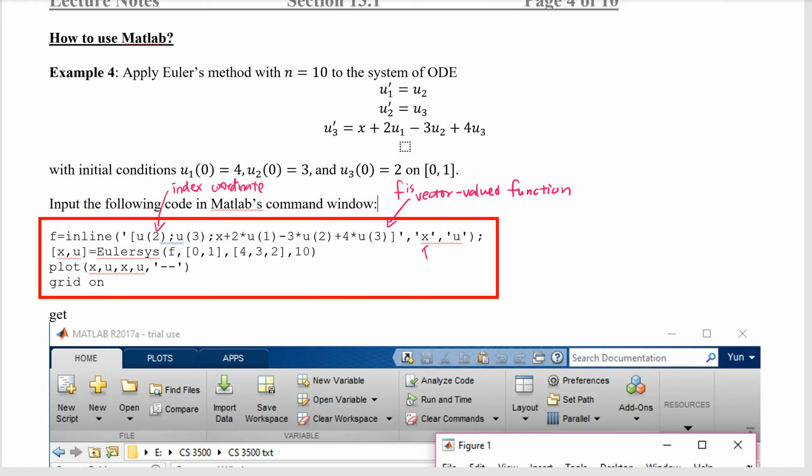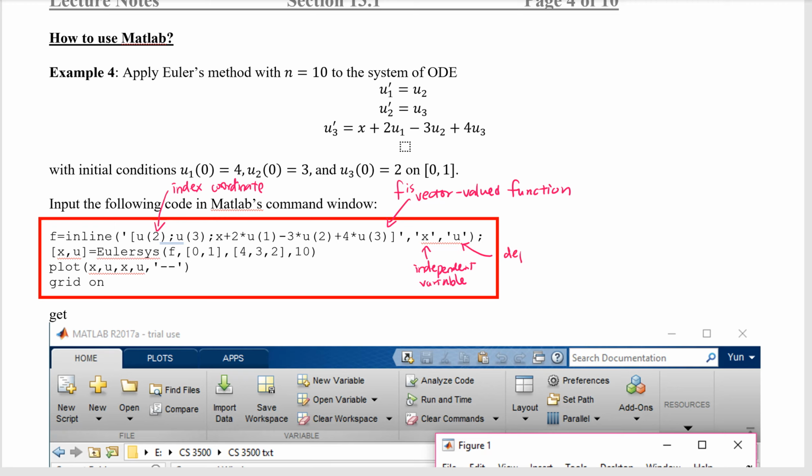Okay, and x is the independent variable and u is the dependent variable. Let me write it down. This is the independent variable. So it's a scalar, okay, it's a number, but u is actually a vector.